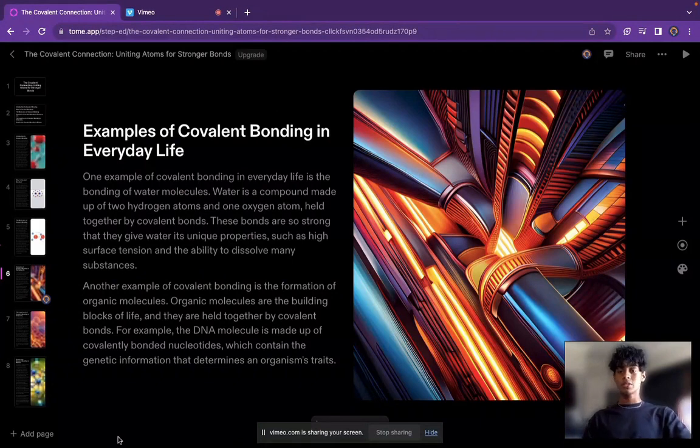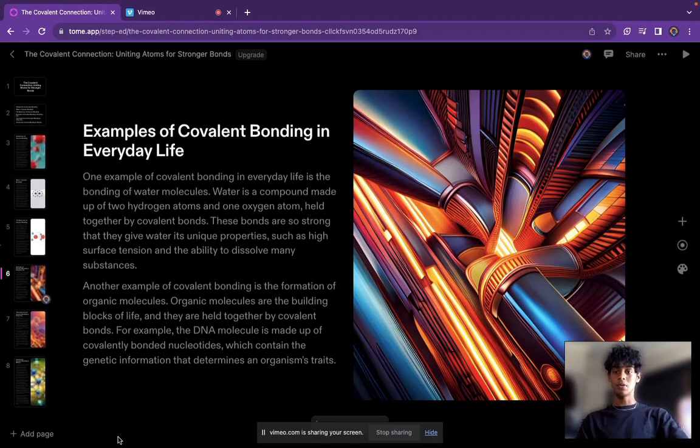So, what are some examples of covalent bonding in everyday life? Well, water molecules are a great example. Water is a compound made up of two hydrogen atoms and one oxygen atom, held together by covalent bonds. These bonds are so strong that they give water its unique properties, such as high surface tension and the ability to dissolve many substances.